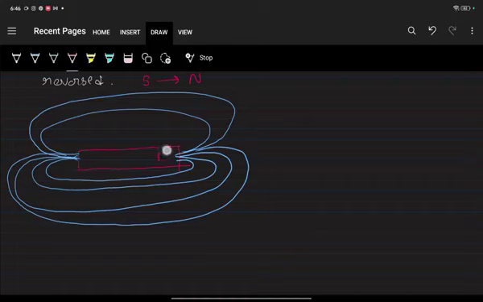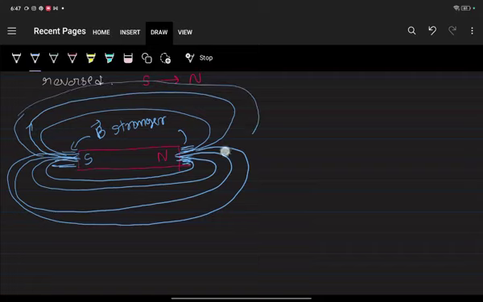At the poles, the field lines are denser, so magnetic field strength is stronger at both the poles. As you move away from the pole, the lines get distributed, and its intensity, or strength, decreases.